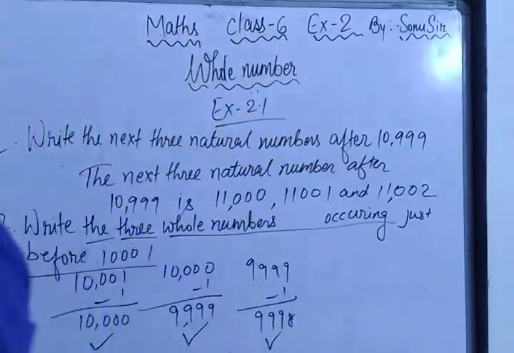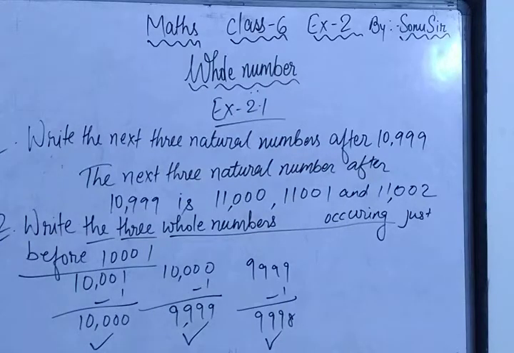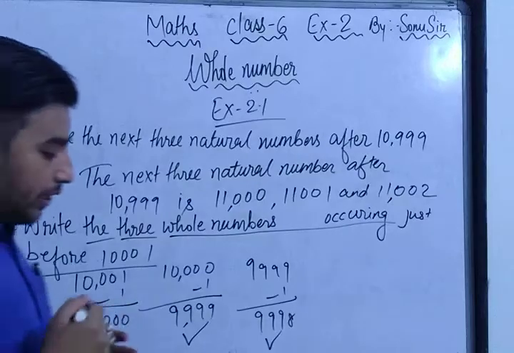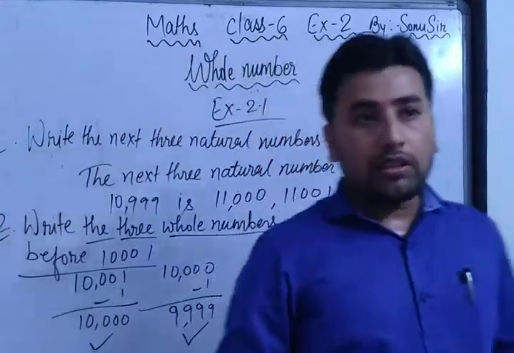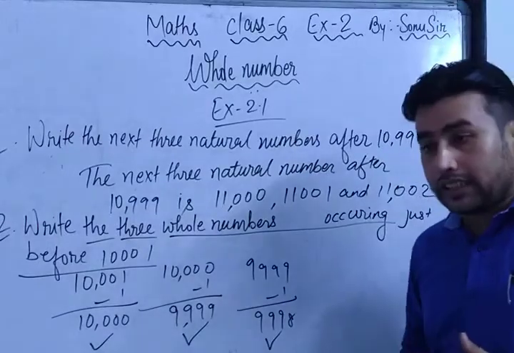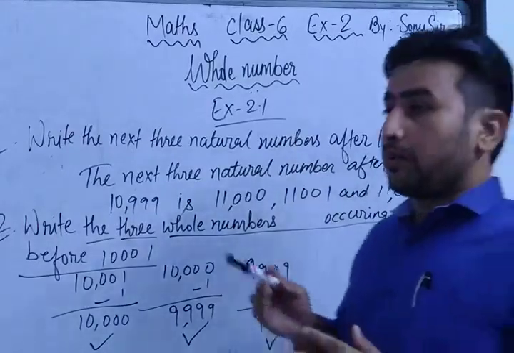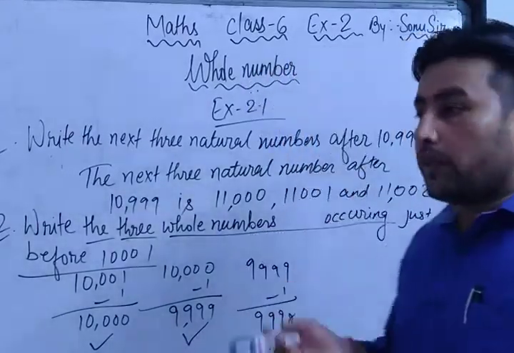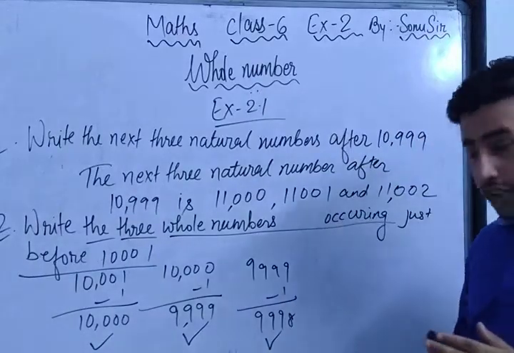You can write in your notebook also, and if you don't want to write, then you can take a screenshot, as you have taken the screenshot. Now, in this video, what have I explained? I have explained the natural number, the whole number, the successor number, the predecessor numbers, and some of the properties which we are going to use in this chapter.